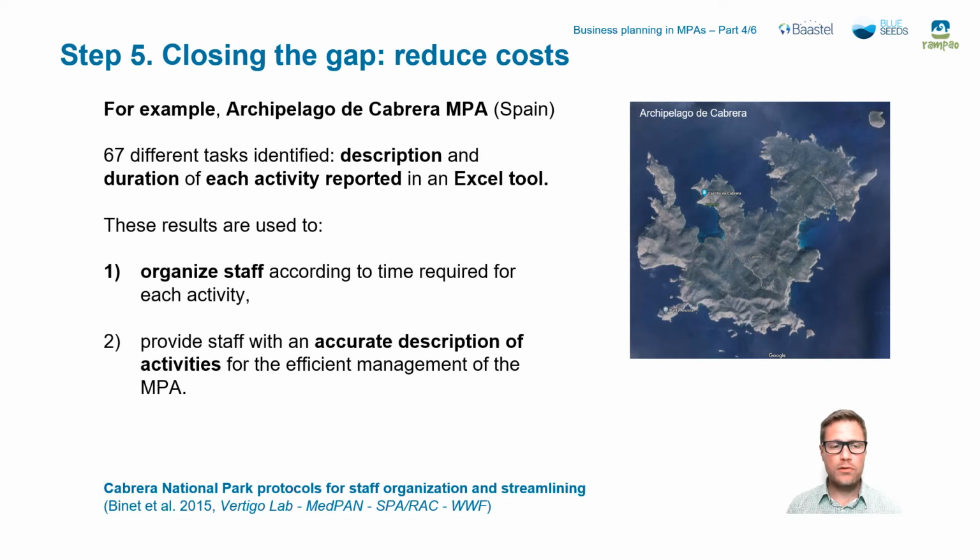And the results from this tool were used to organize staff according to time required for each activity and to provide this staff with an accurate description of activities for a more efficient management of this MPA.